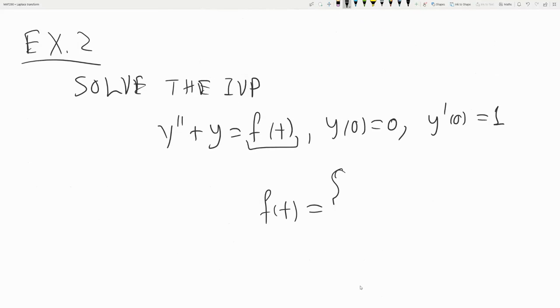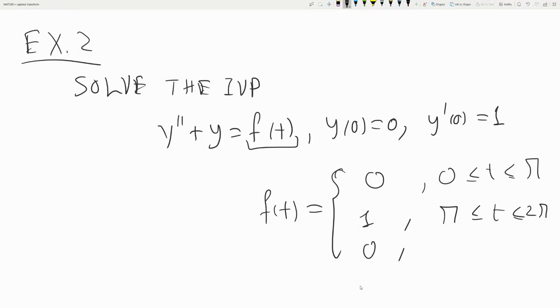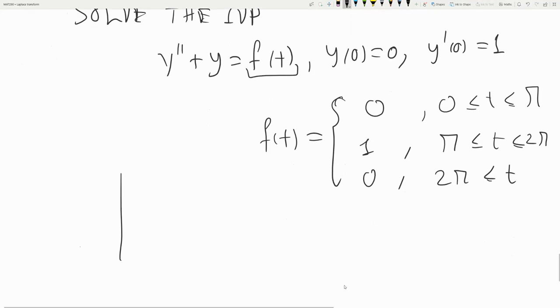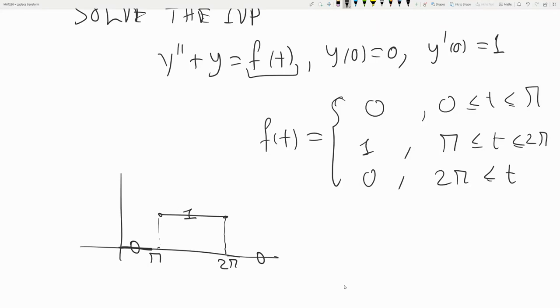So I took it to be 0 from t to pi, 1 between pi and 2 pi, and then 0 again. So this is the step function, like this. 0, 0, 1. Okay.